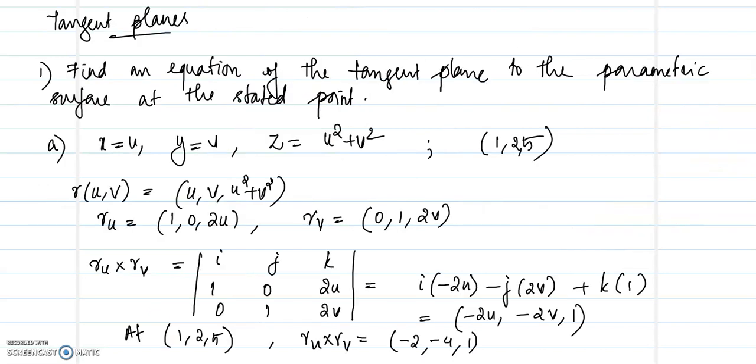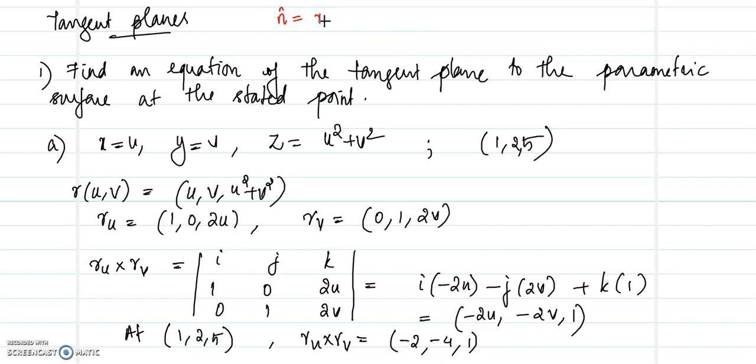And now let us look at the problems on finding the equation of the tangent plane. For finding the tangent plane, as we have seen, we need to find the normal vector.